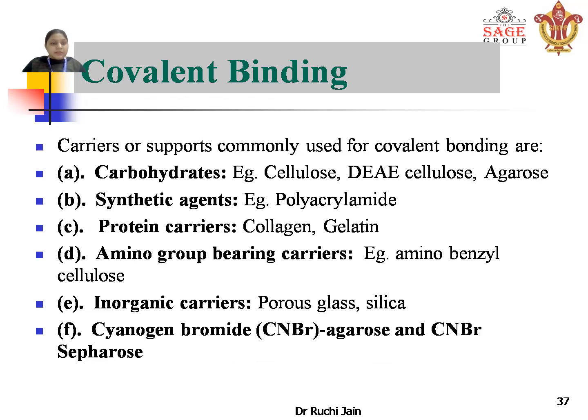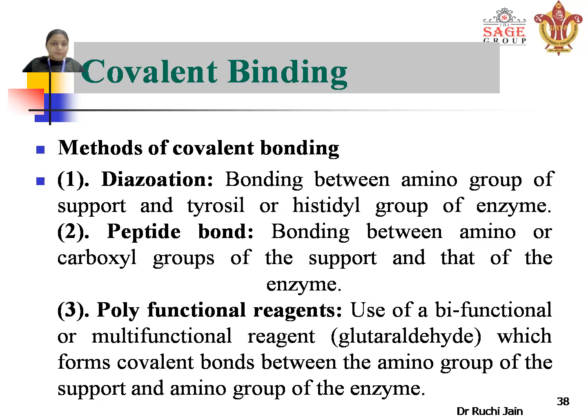There are various carriers used in covalent bonding, like carbohydrates, cellulose, diethyl acetate cellulose, agarose, synthetic agents like polyacrylamide, protein carriers like collagen and gelatin, amino group bearing carriers like aminobenzyl cellulose, inorganic carriers like porous glass, silica, cyanogen bromide agarose, and cyanogen bromide sucrose. All these carriers are used in the covalent bonding method.